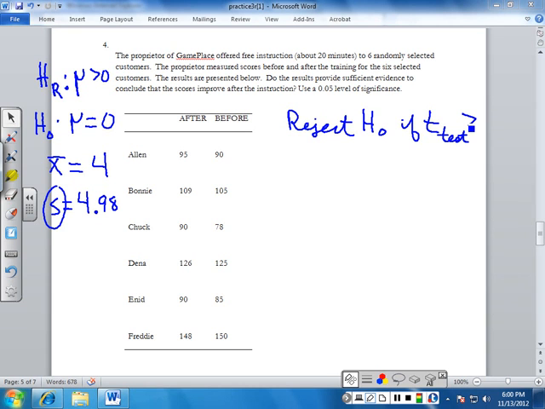Our degrees of freedom is n minus 1, which is 6 minus 1, which is 5. And so let's see, we have alpha .05, one-tailed test, and t. Gosh, I hope that's not 2.015. Is it?